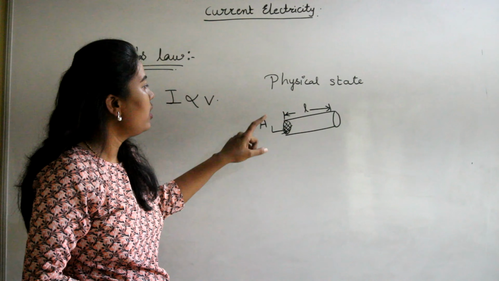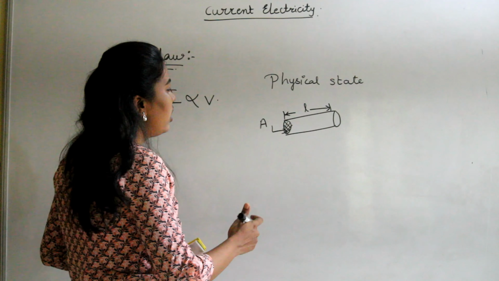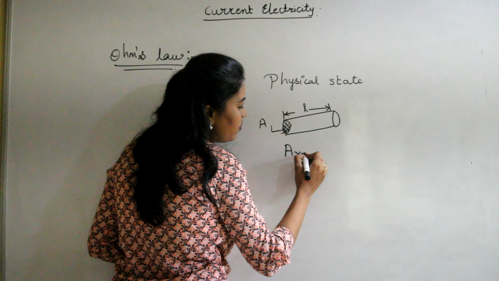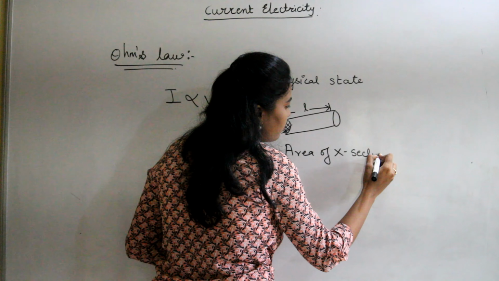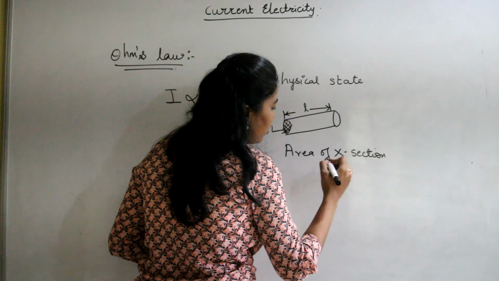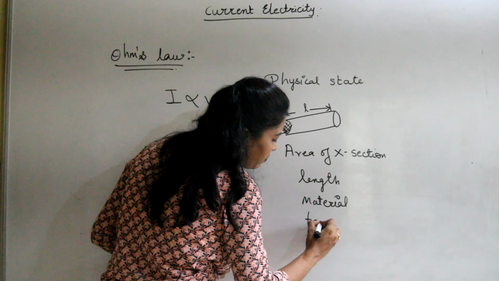So in this conductor, the area of cross section, the length, the material, and the temperature.